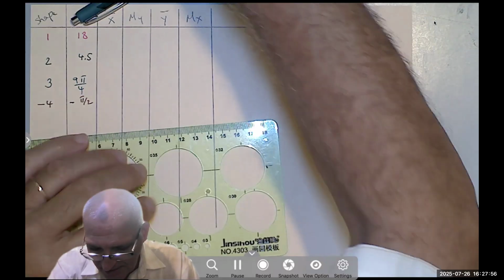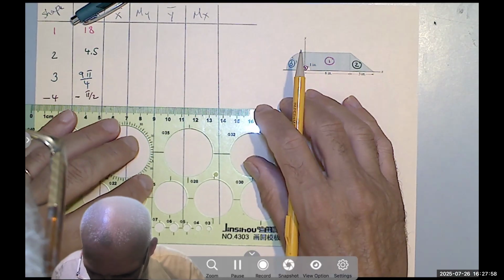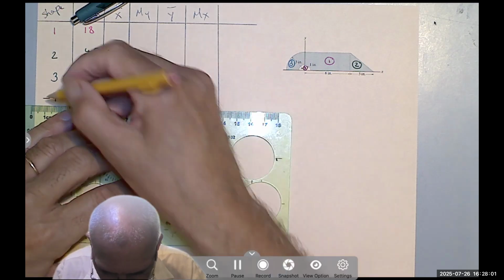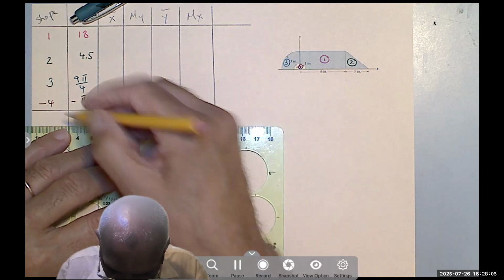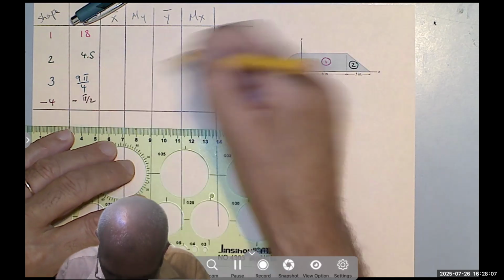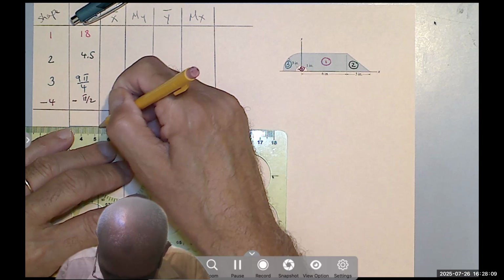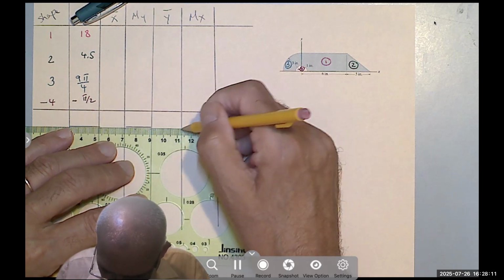And now I can use my calculator to find the total area. I will need the total area, the total My, and the total Mx.